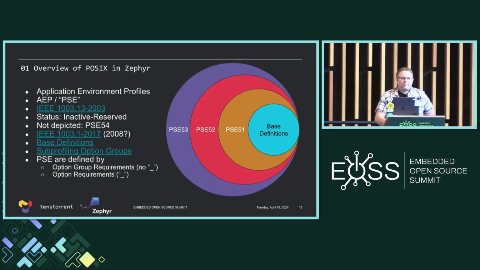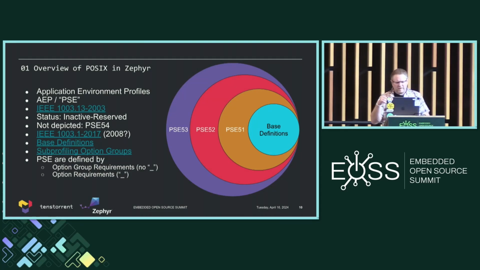One of the topics that we have to discuss, just because it's probably not as familiar to many people, is this concept of application environment profiles. Effectively, we have this nice Venn diagram that's fully concentric, which is great. At the bottom, we have the base definitions.